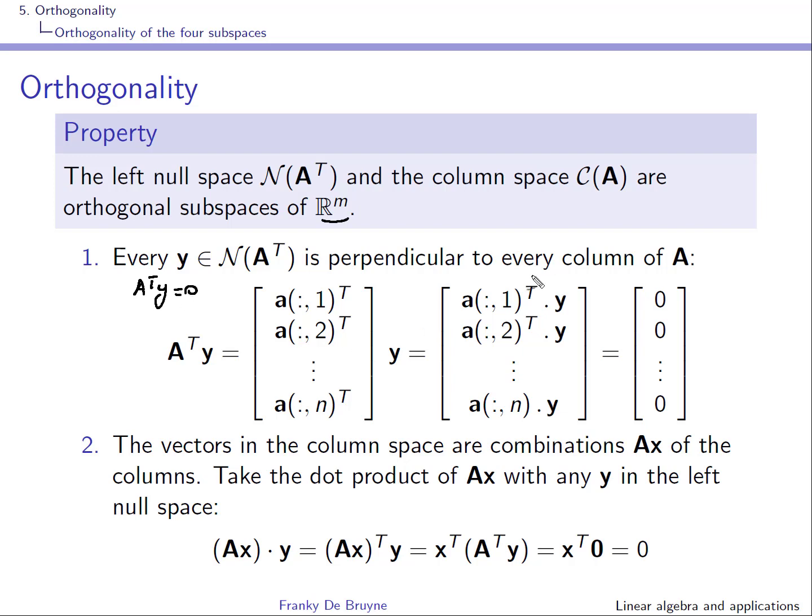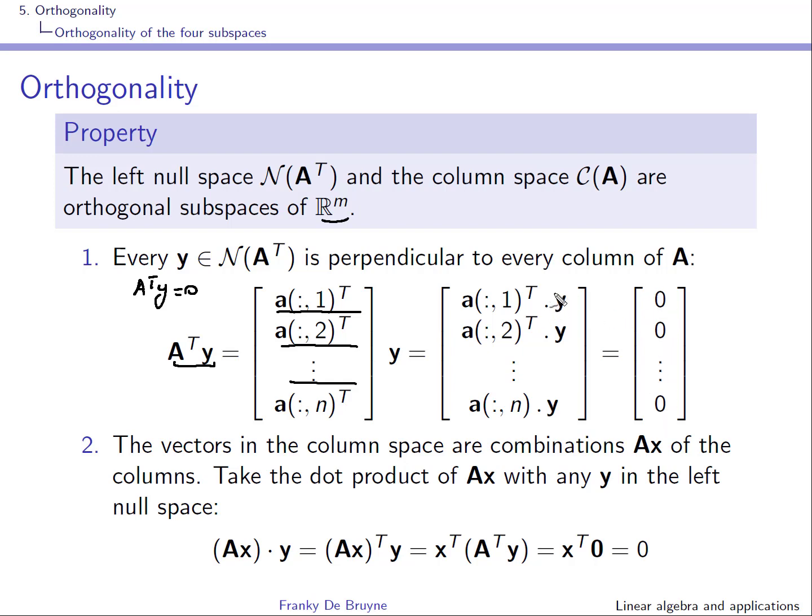We can again use this row interpretation of this product over here, and we see that the result is a vector where each element is computed from the scalar product of a row with y, and we know that this is equal to 0.